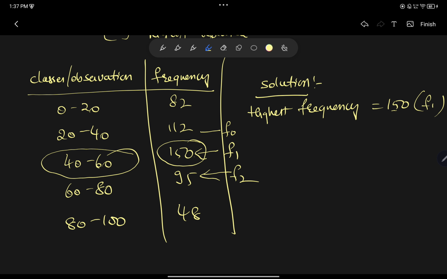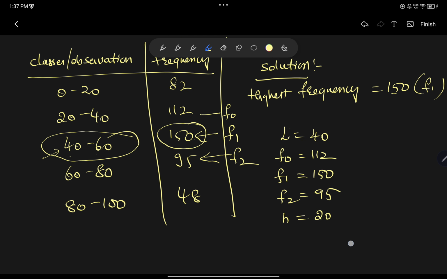Here we have found that 40 is the L, because that is the lower limit of that class. F0 is 112. F1 is 150. F2 is 95. We also have to get H. H is the class width, the difference between these two limits, that is 20.